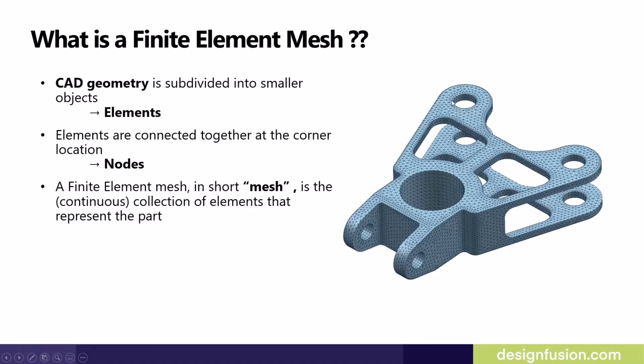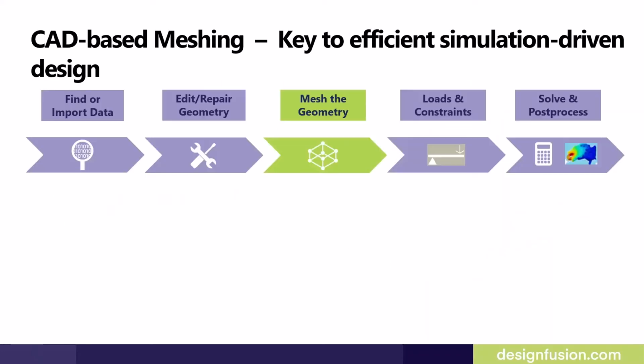So how can we define a local mesh? Simcenter has a tool that can help us create a good quality mesh, and we can define a local mesh density. The meshing we do in Simcenter is directly associated with our CAD geometry.